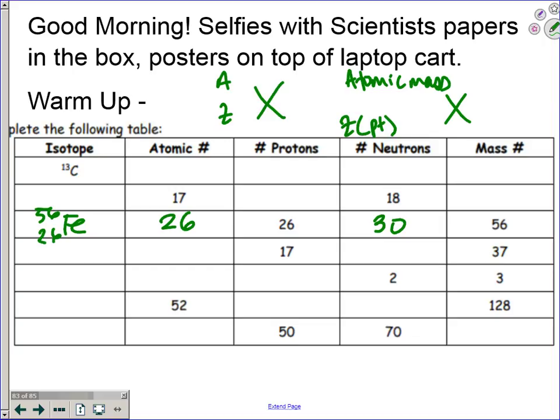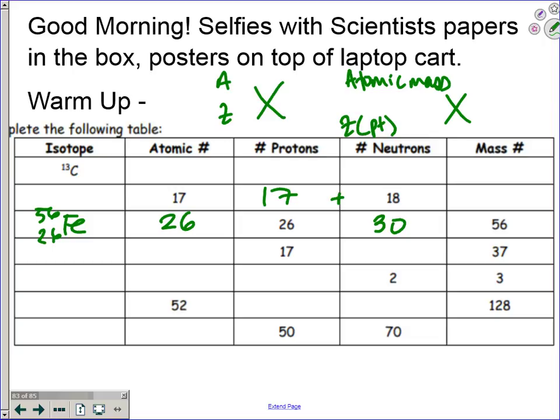Good, okay. Cam, pick out another one to do. Okay, so we know atomic number 17. What else do we know? Proton is 17, and mass is 35. How did you get mass?